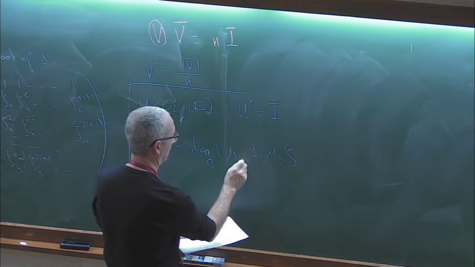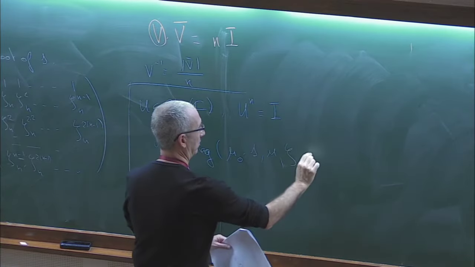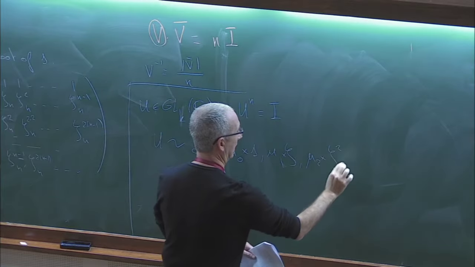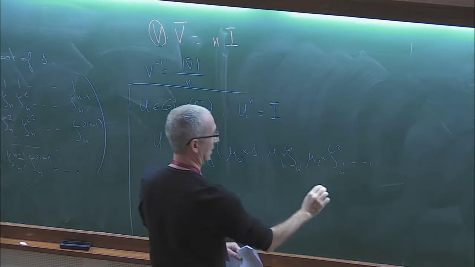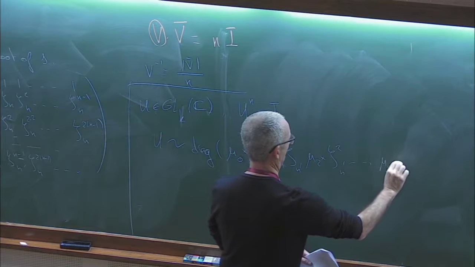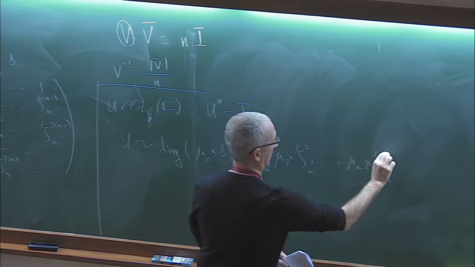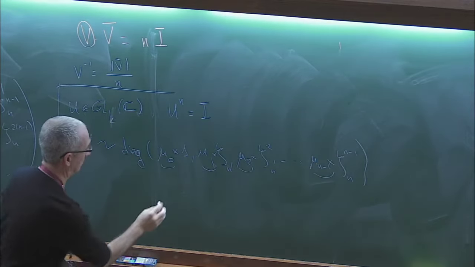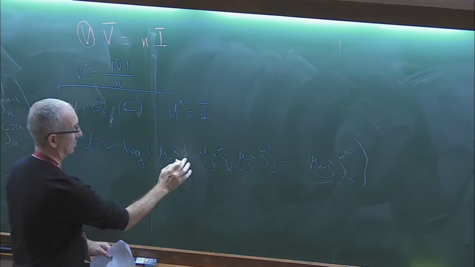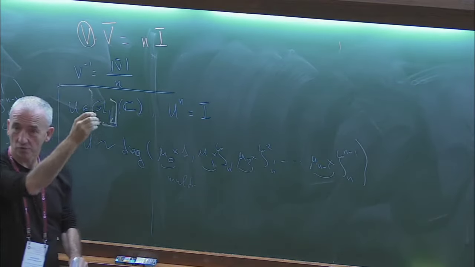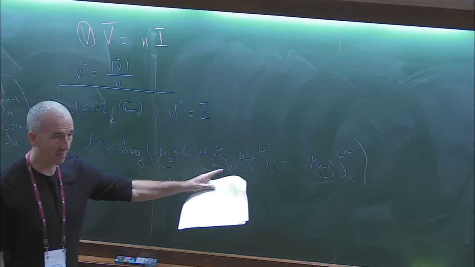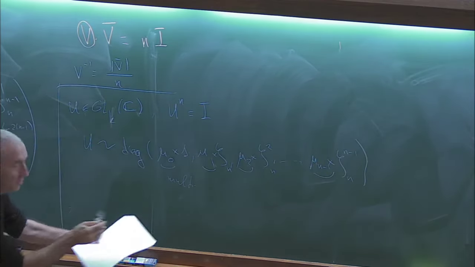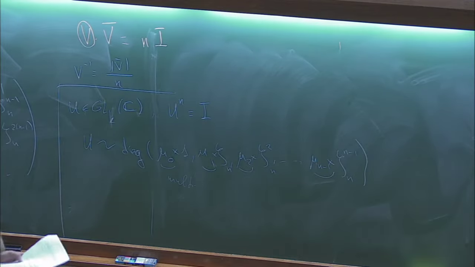Mu 0, mu 1, mu 2, and so on, meaning that these mu i's are the multiplicities. So 1 appears in the diagonal form mu 0 times, theta n appears mu 1 times, etc. So these mu's represent the repetitions.